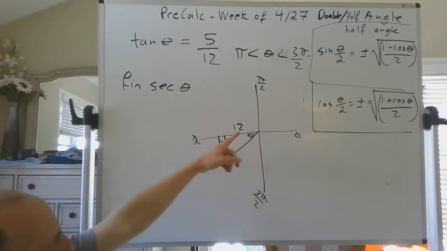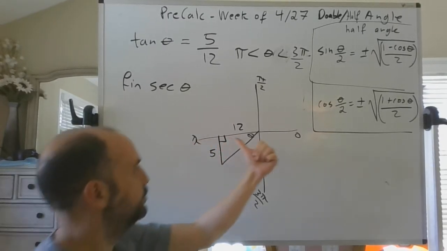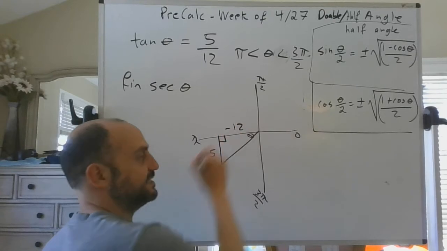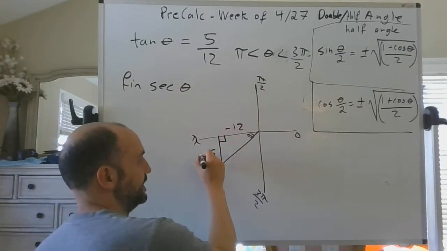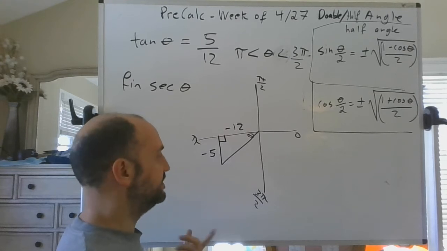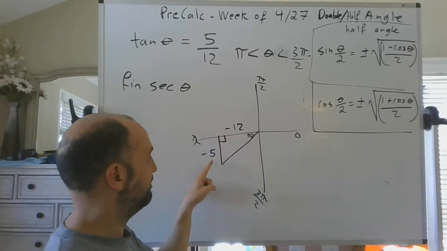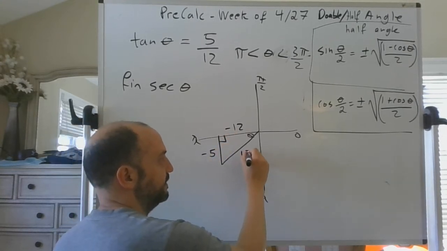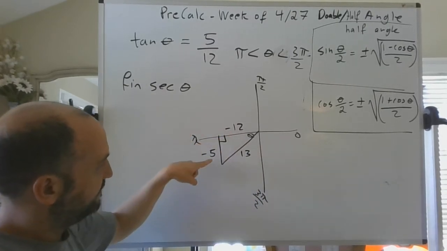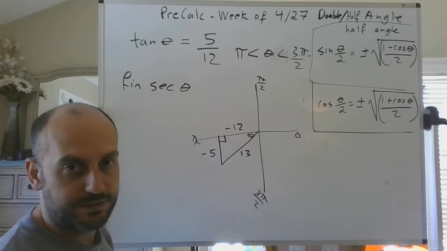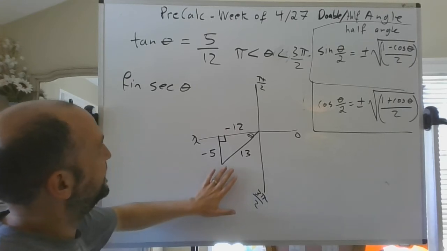Now I do know that in this quadrant right here, since I'm going left, this 12 has to be negative. Since this 5 is going down, it has to be negative as well. So let's think about this Pythagorean triple we got here. We have a 5, 12, and 13. The hypotenuse is usually positive, okay? Cool, sounds good. So I set up my triangle.